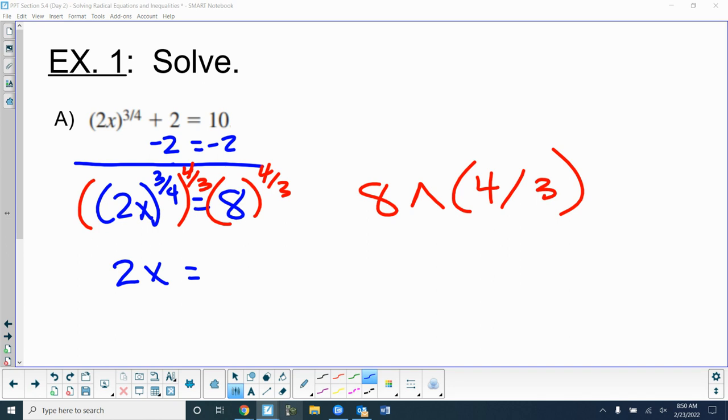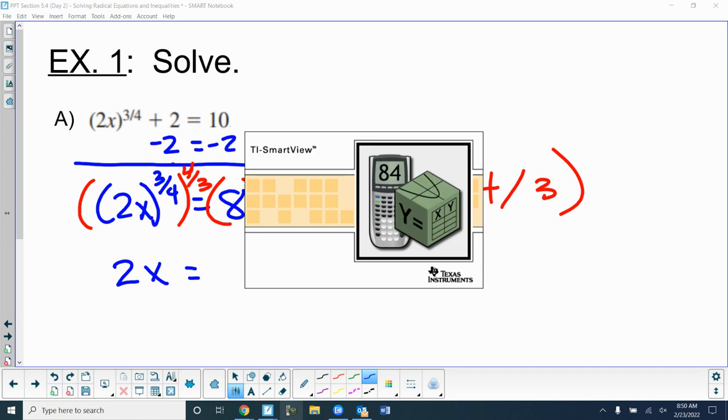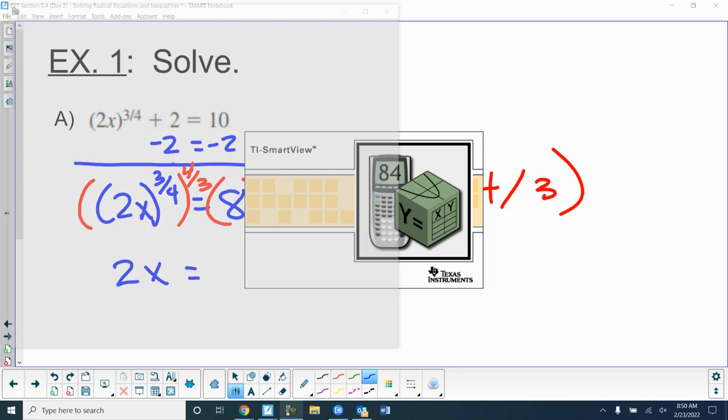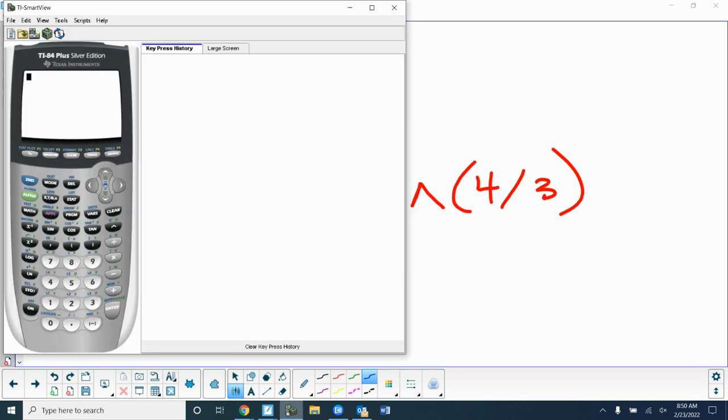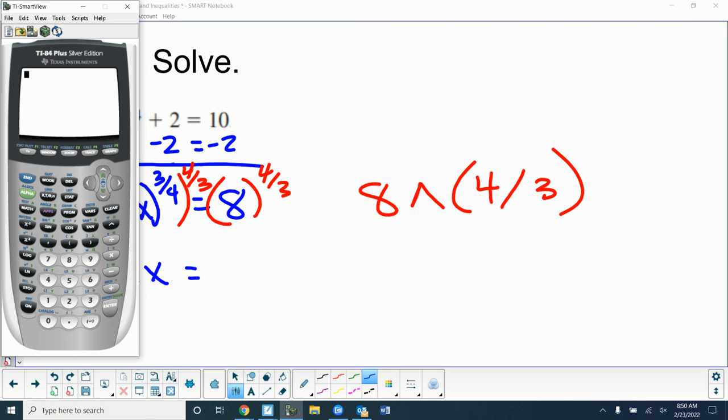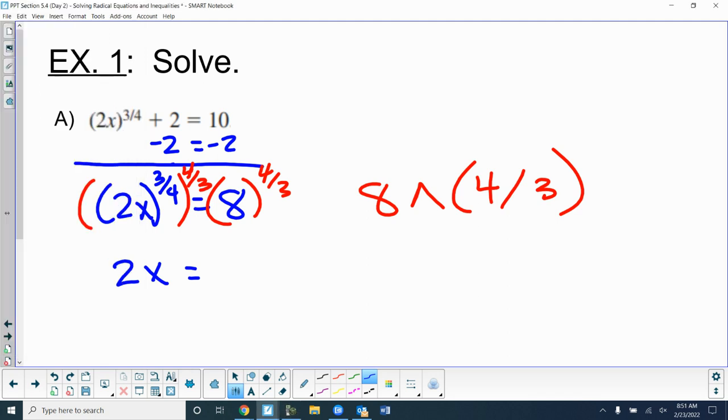And then in my calculator, I'm going to plug in 8 caret parentheses 4 divided by 3. All right, so 8 caret right up there above the division symbol, parentheses 4 divided by 3. So we get 16. And then to finish up, what do we do? Divide by 2. Just divide by 2.